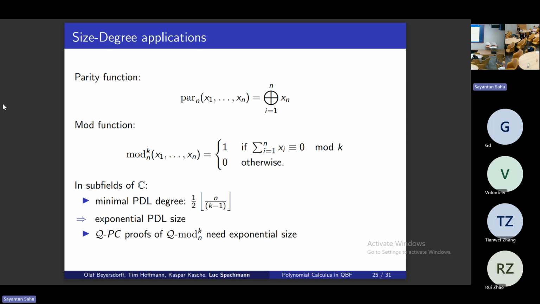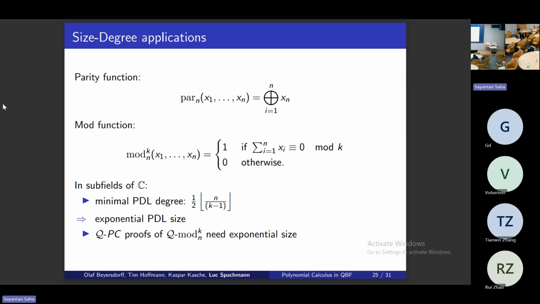And in subfields of C, it is really important which field we are using for our PC proof. The minimal degree is 1/2 times n over k minus 1. So if we take mod 3, for example, it is 1/2 times n over 2. And so in subfields of C, we require exponential PDL size, and as such, exponential QPC proofs.